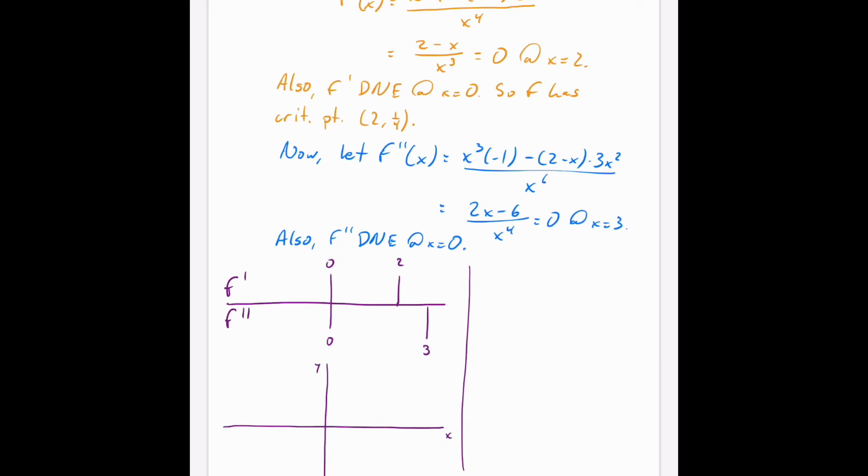Let's just get our axes going, right? Just maybe put those numbers down. We know they're going to be important. And maybe so we don't forget, we could also note that our vertical asymptote is x equals 0, and our horizontal asymptote is y equals 0.